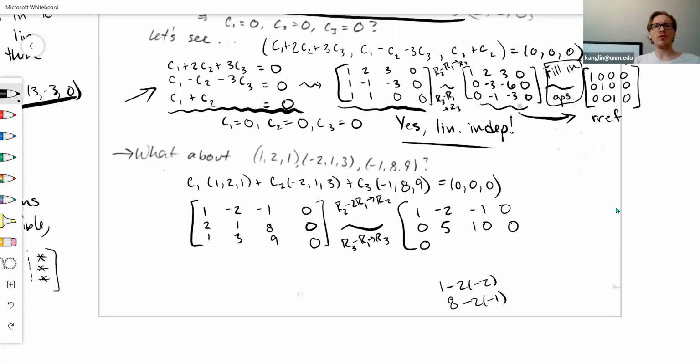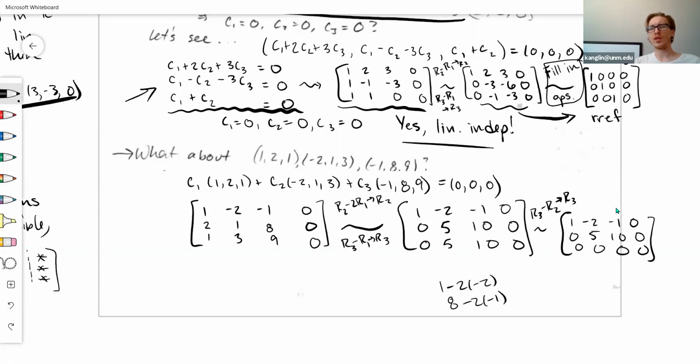1 minus 1 is 0. 3 minus a negative 2 is 5. 9 minus a negative 1 is 10. This is great. Get rid of the third row, and last, I'll scale.